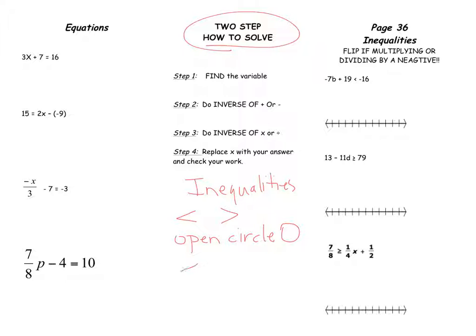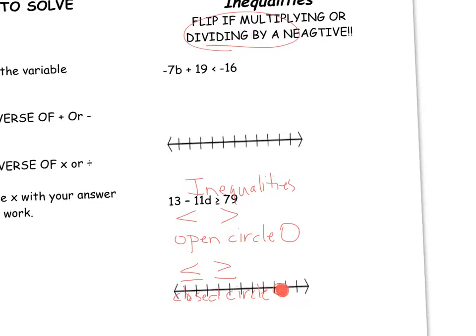If you see less than or equal to or greater than or equal to, you use a closed circle to graph. And then you draw your line on a number line. So let's come over and look at some examples here.